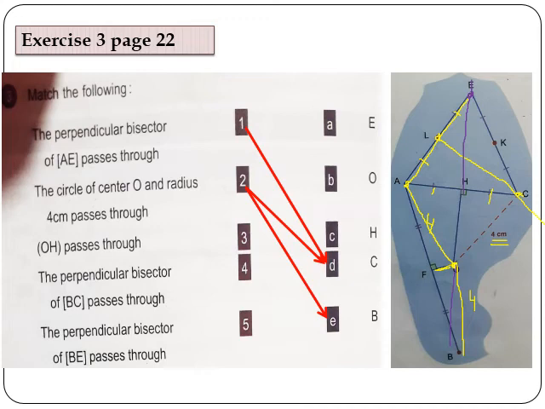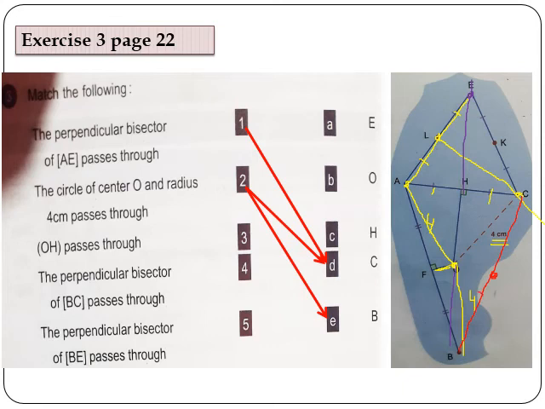Now, the perpendicular bisector of BC passes through what? This is BC. The line BC. If I want to draw the perpendicular bisector of BC, I have to locate its midpoint by using a ruler. I have to divide BC by 2.